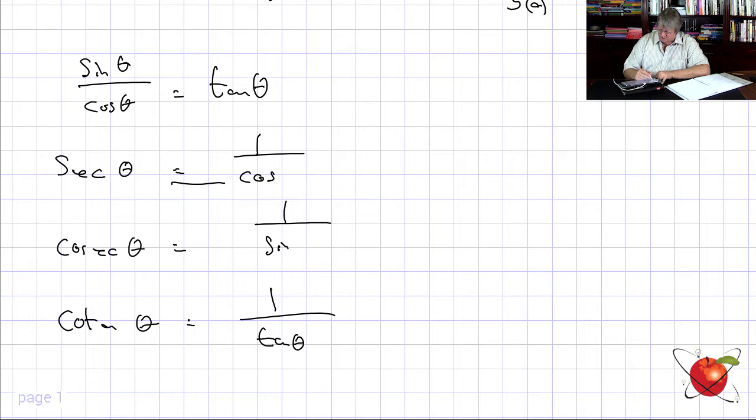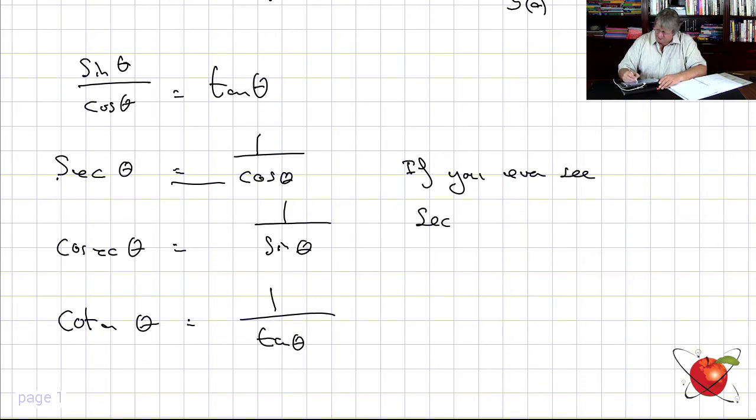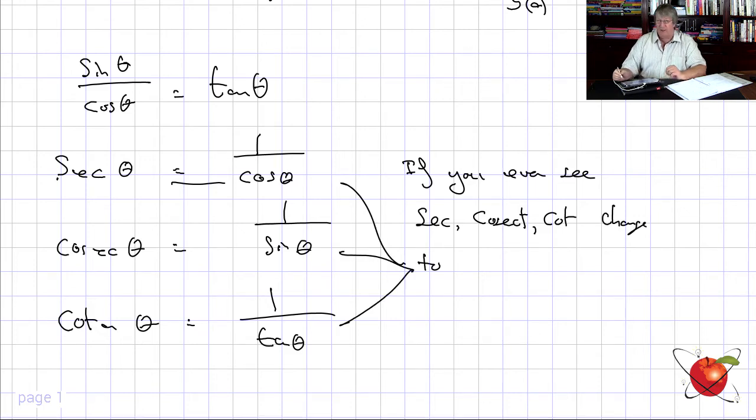Okay, cos, sec, cos, okay, of theta, sine of theta, and tan of theta. Now, if you ever see sec, cosec, and cot, change to these functions straight away, okay?